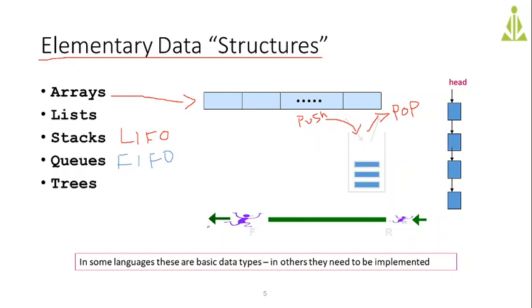And the last one is tree. So these five are very important elementary data structures: arrays, lists, stacks, queues, and trees.